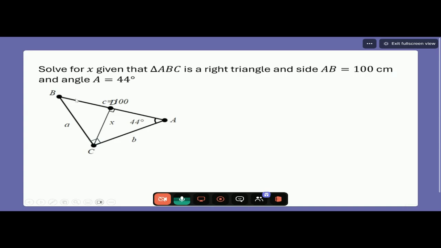I still wouldn't know any other sides or angles. That is not going to be enough to calculate x. But if I knew B, I would know one of the sides in this little right triangle here, and I would know an angle. That is going to be enough to work in that little right triangle to find x.